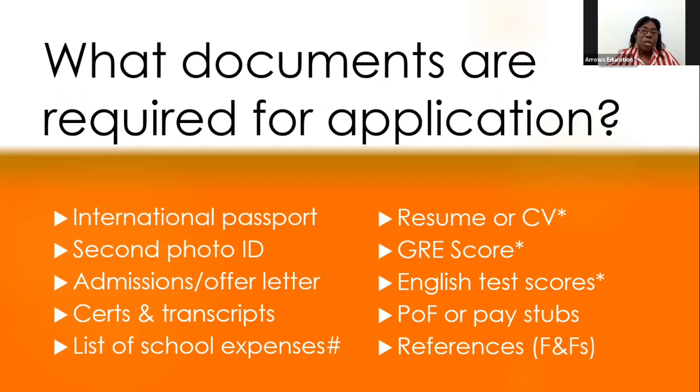But if your loan covers the cost of your tuition and living expenses, then you don't need those. If you are studying in the US, you don't need those. If you are studying in Canada, you are going to need proof of fund for your living expenses. And then you're going to need references who are family and friends who are going to refer you.